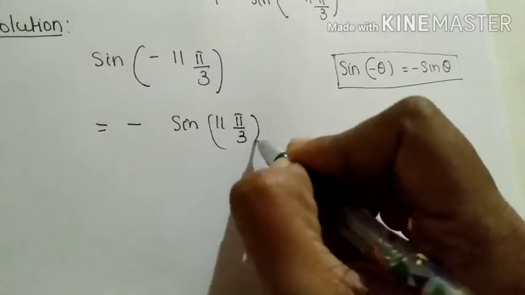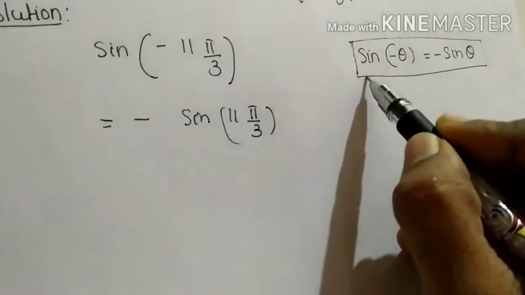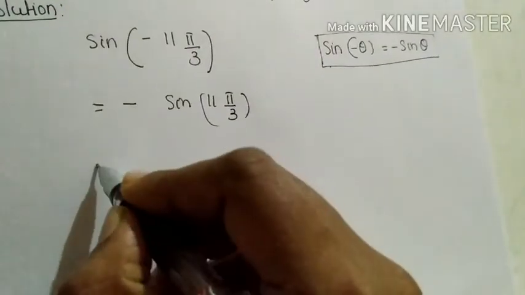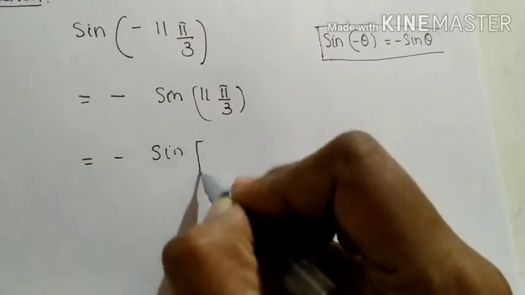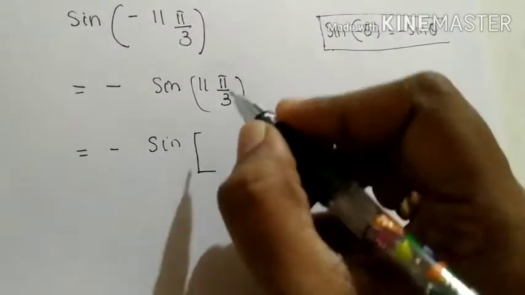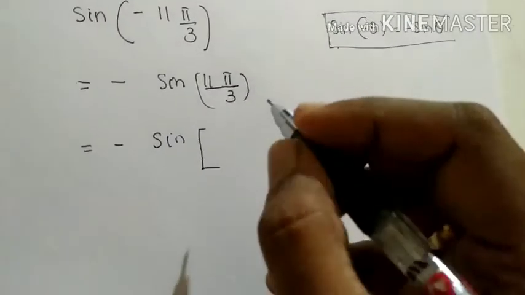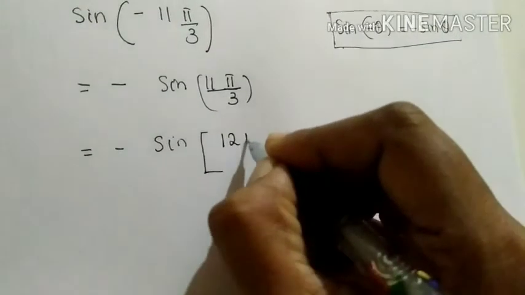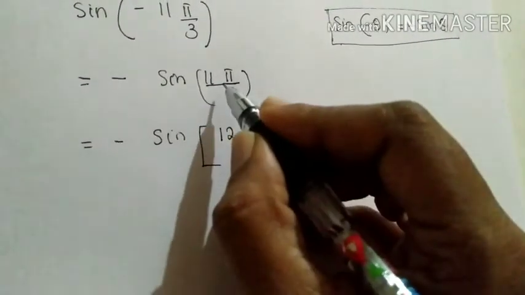Okay, by using this condition. Next, I am going to convert this 11 pi by 3 into a form that has 11 pi in the numerator. So we know that 12 pi minus pi gives 11 pi, right?